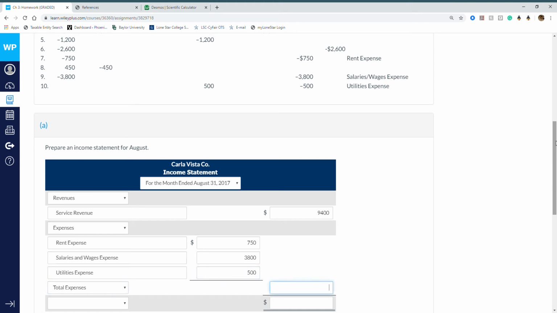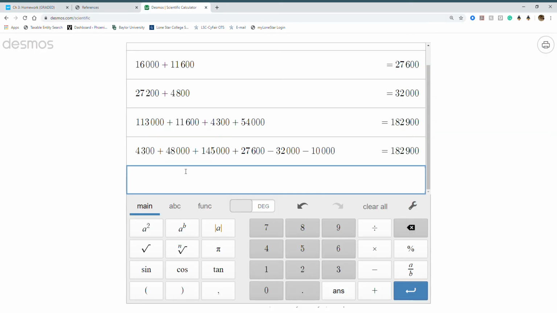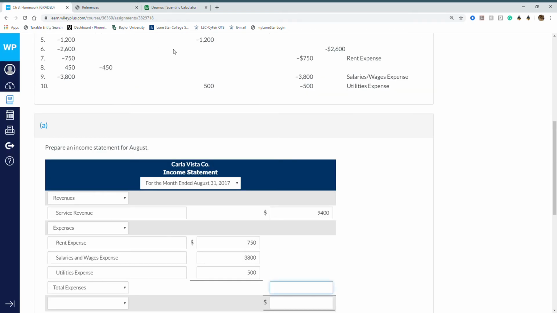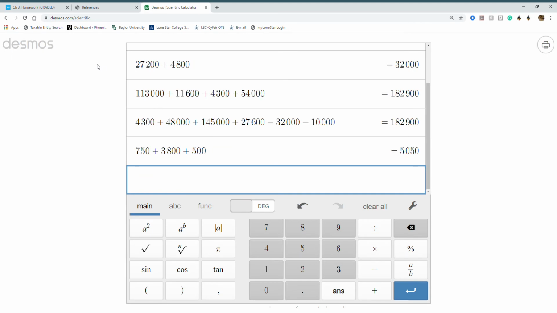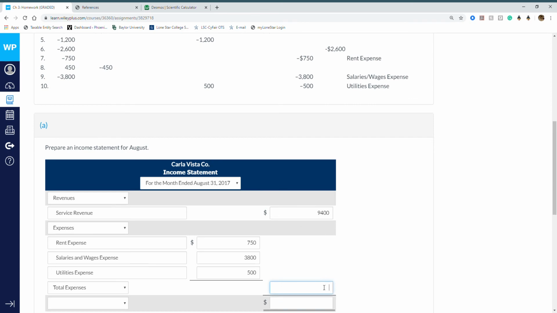So our total expense is basically the addition of all three of these again. So 750 plus 3,800 plus 500. So 5,050. Cool.